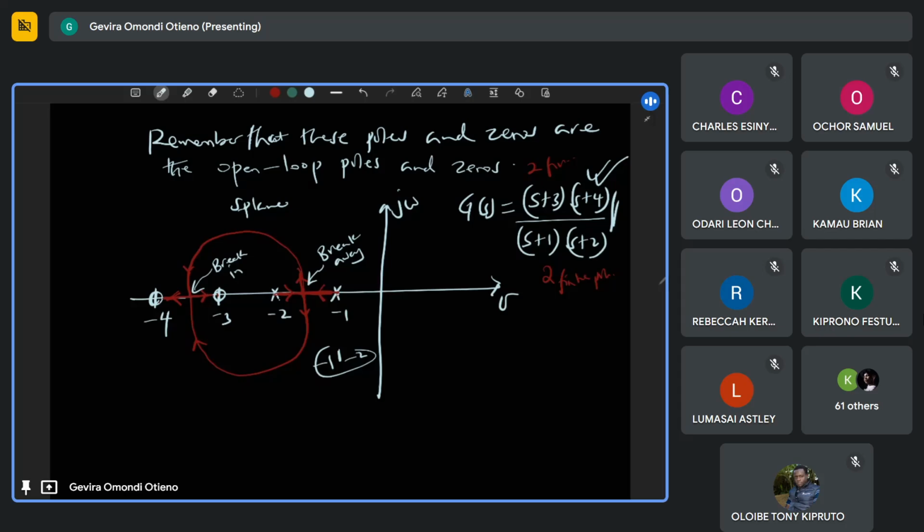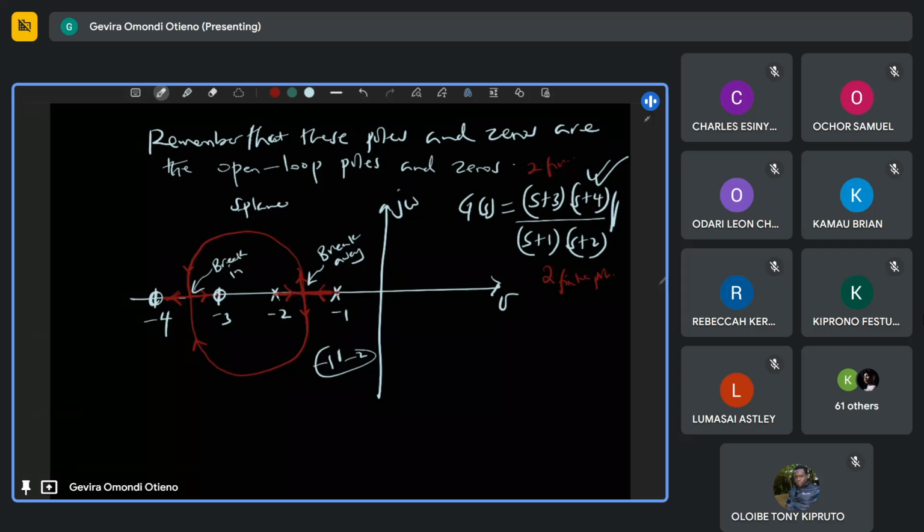But when you observe it manually, we cannot tell whether -1 is the one that terminates at -3 or the one that terminates at -4. MATLAB will tell you which zero each of these poles terminates at, but that's not important at this point.